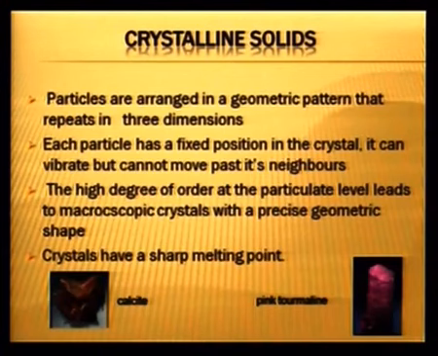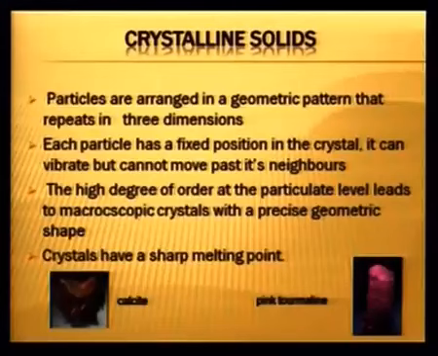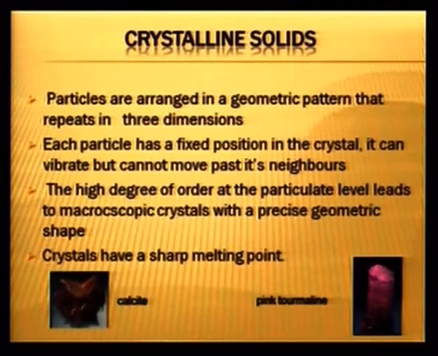Then it has a high degree of order at a particular level, which leads to the macroscopic properties. Basically, the macroscopic properties are the precise geometrical shape, which we have seen in the crystals that we have demonstrated. Some crystals are shown here also. Pink tourmaline is shown, and a calcite crystal has also been shown. Crystalline solids have sharp melting points.